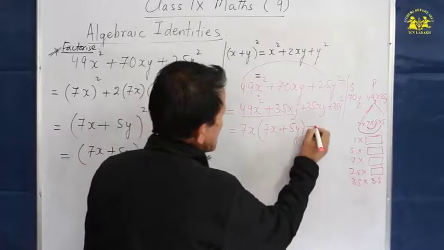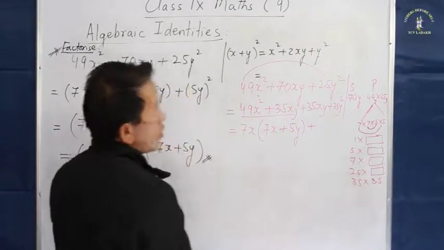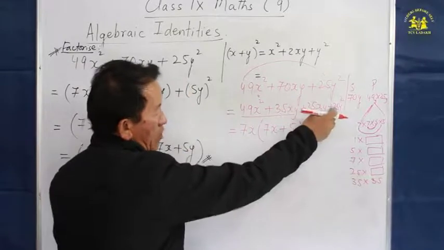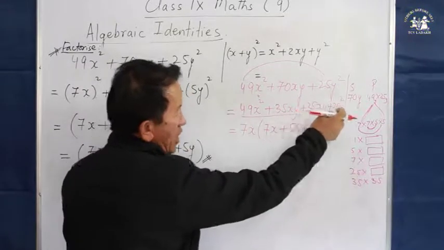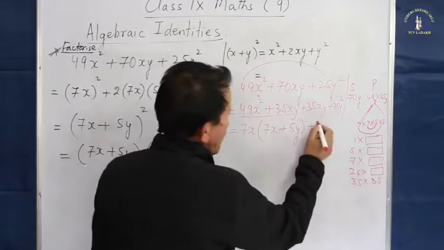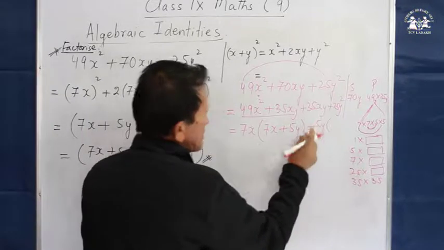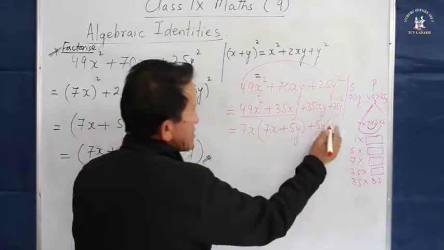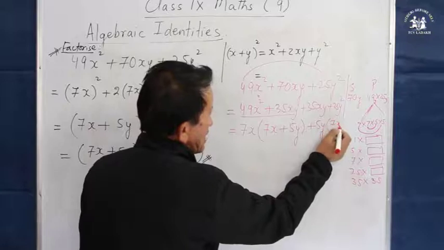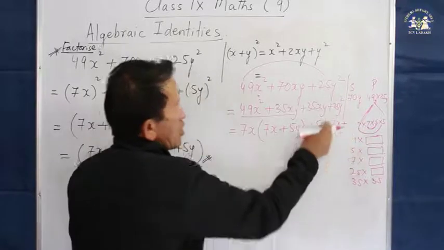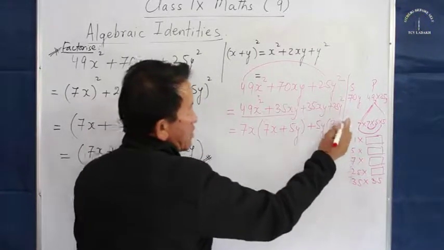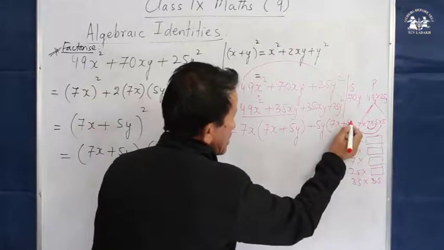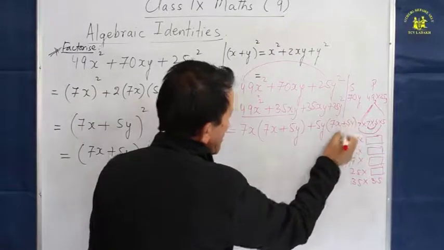And in the next two terms, what are the common factors? 5 and y are the common factors, so 5y. What will be left? 35 is 7 fives, so 7 will be left, x will be left. Plus 25 is 5 fives, so 5 will be left and y will be left.